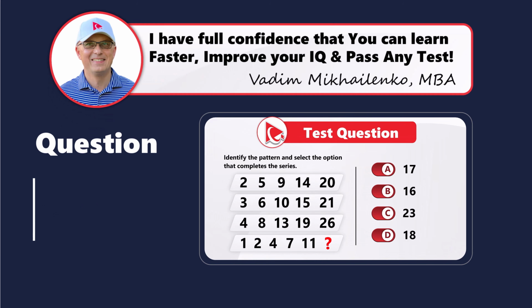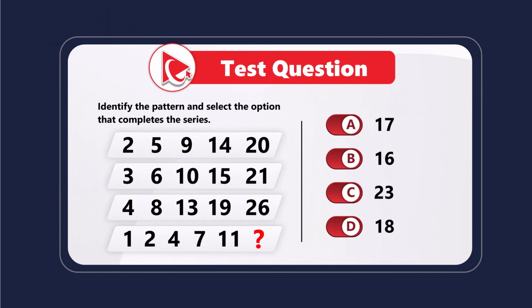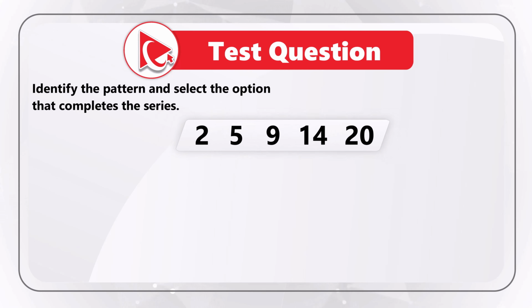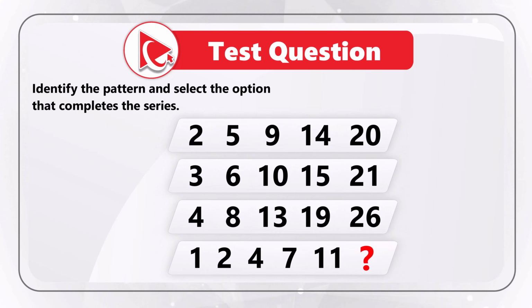This is one of my favorite questions because it tests your analytical skills as well as your ability to identify sequences. You're presented with a series of numbers, and you need to identify the pattern and select the option that completes the series. Take a close look at the numbers. The numbers are 2, 5, 9, 14, and 20 in the first row.